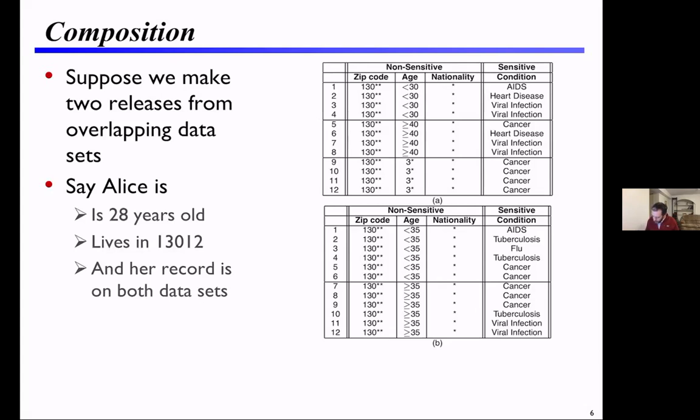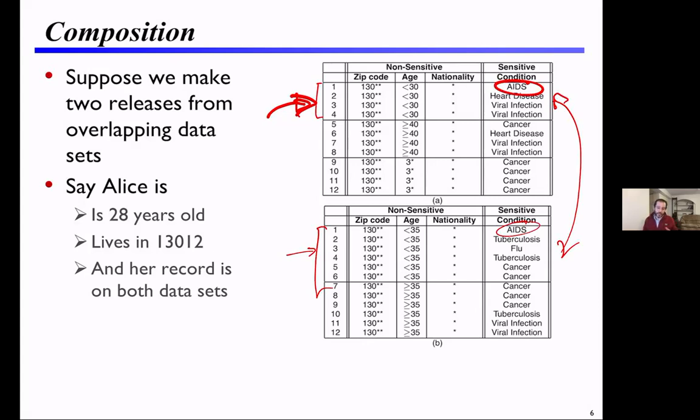Well, I can see right away that she belongs to this first group of people in the first table, and this second group of people in the second table. And if I just compare the sensitive attributes, there's only one value that appears in both of these sets.